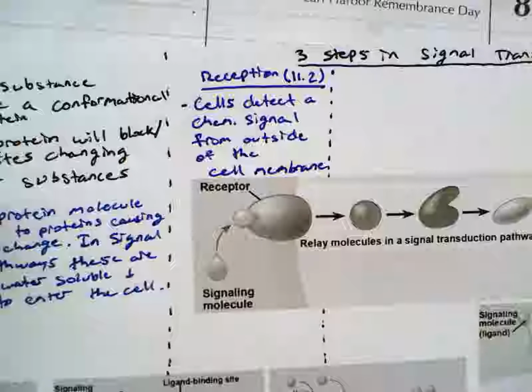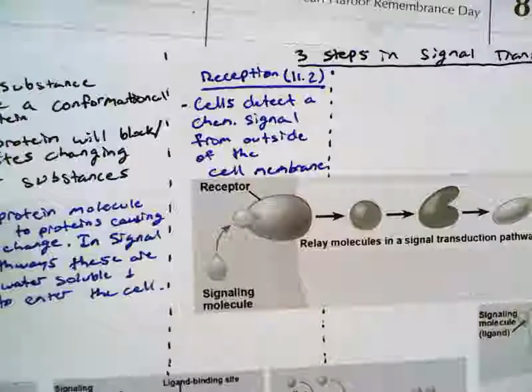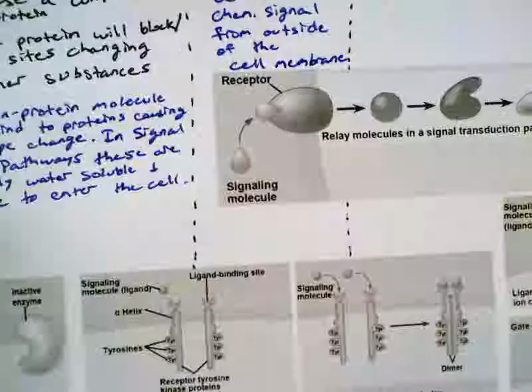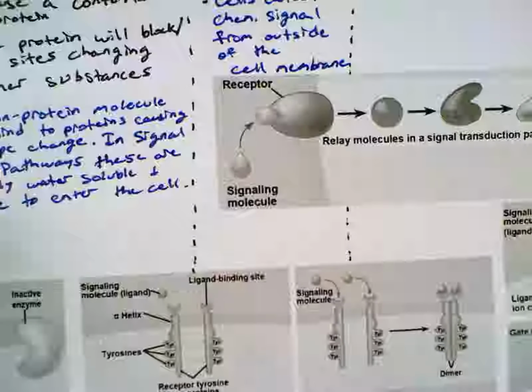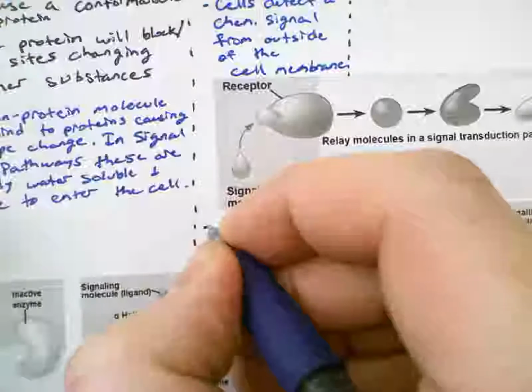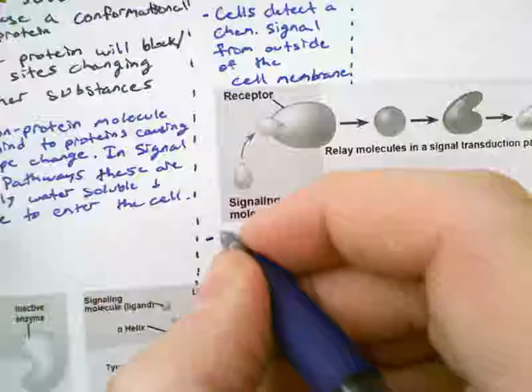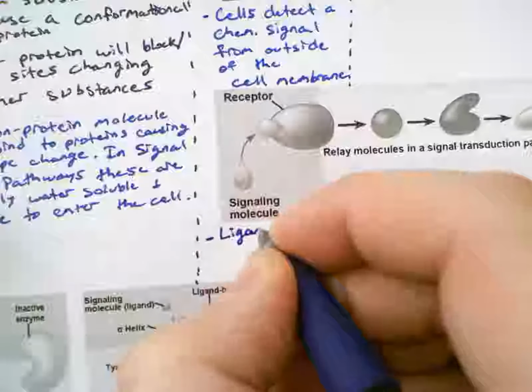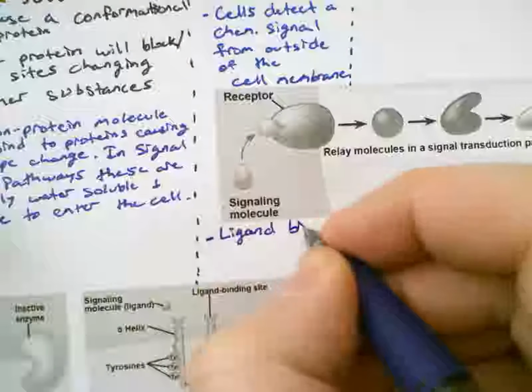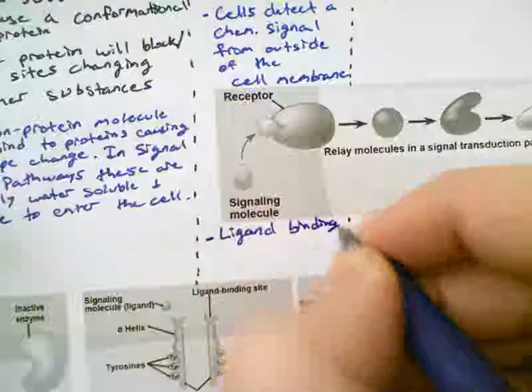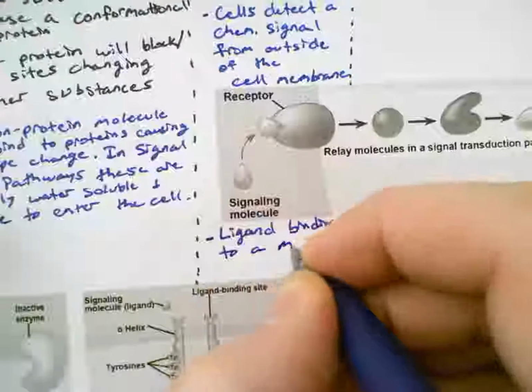Maybe it's a hormone, but it's going to be outside of the cell membrane, and this is going to have to be detected in some way. And it's going to be detected through the binding to a membrane protein. So we'll go just below the picture for the receptor. And we will say that this is caused through a ligand binding to a membrane protein.